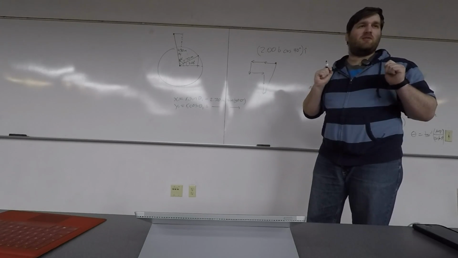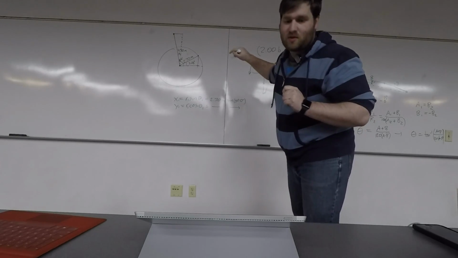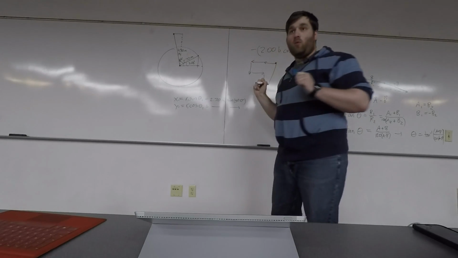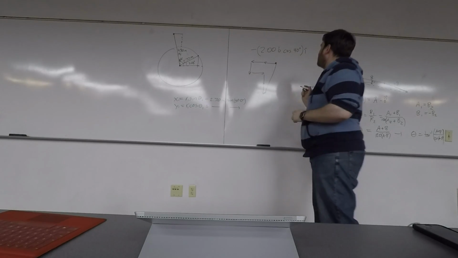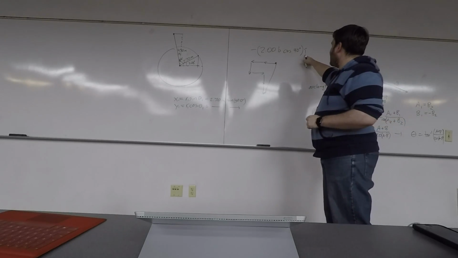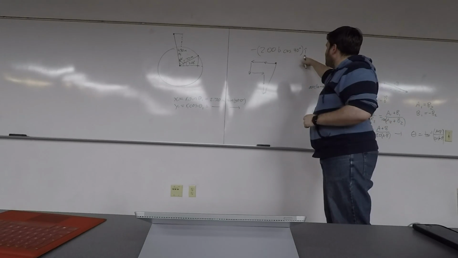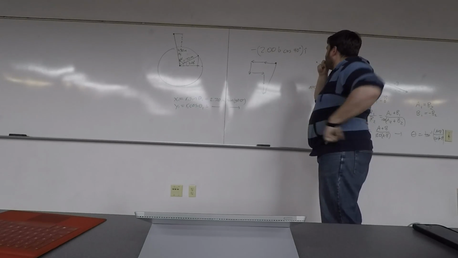I wish I had access to him right now, but if this is positive, which on mine it's not, it's negative, that would be west, your magnitude west. But I only think that's the way it is because it's i hat right here. If there was no i hat, cosine of 40 would be telling you a direction.